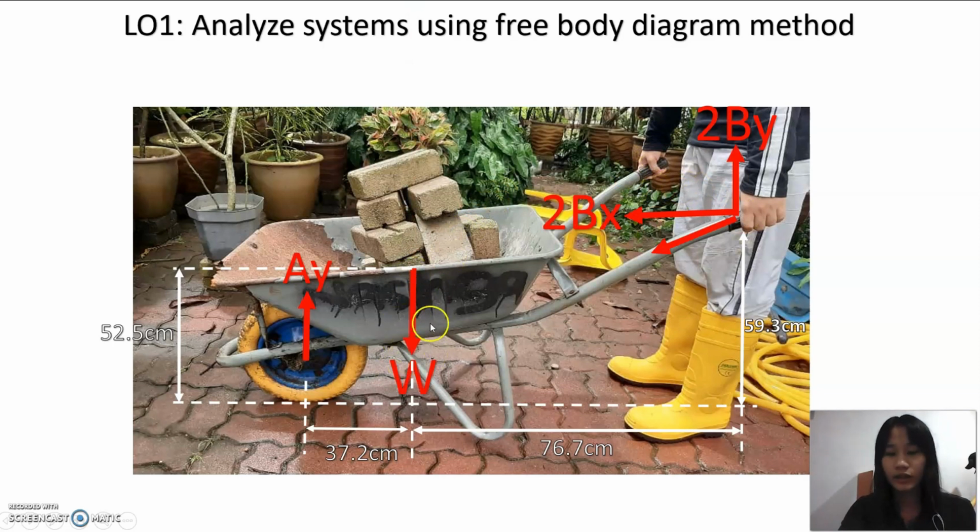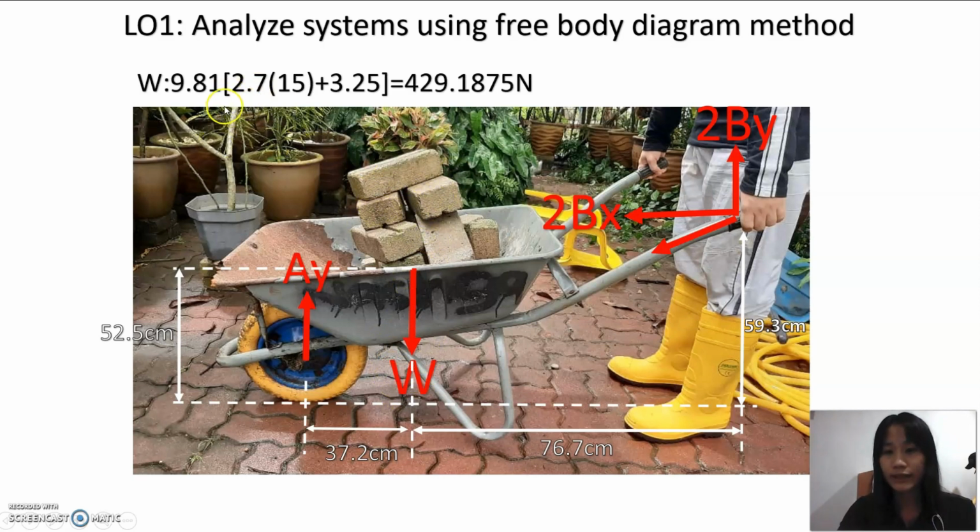The direction of the total weight from the bricks and the body of the wheelbarrow is downward, due to gravity. From the calculation, the weight of one brick is 2.7 kg and there are 15 bricks, so we multiply it by 15, and the weight for the body of the wheelbarrow is 3.25 kg, and we total them up.